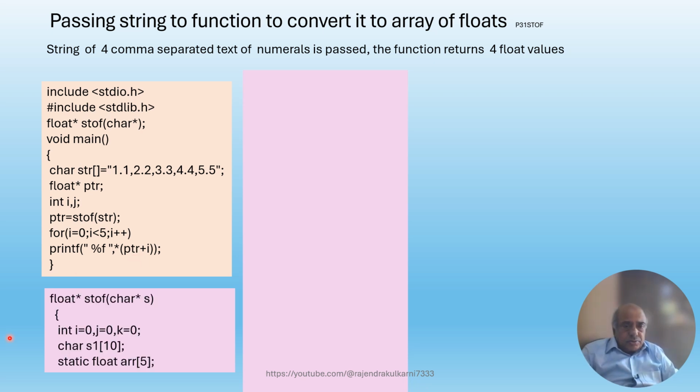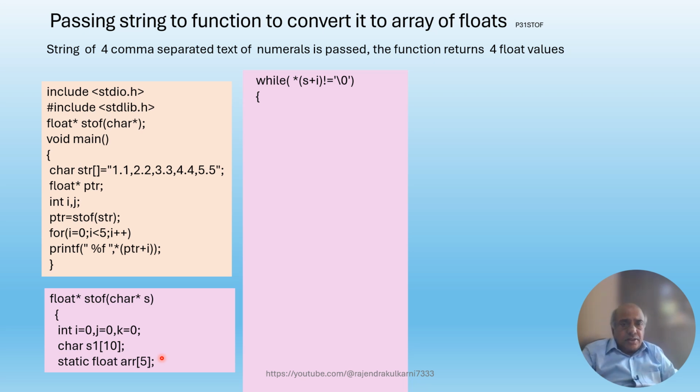Then we have defined the function with char star s. So this s collects the address passed by the calling function, which is the address of str of main in our case. Then we have declared one char array, or a string, s1, and a static float array arr of dimension 5.